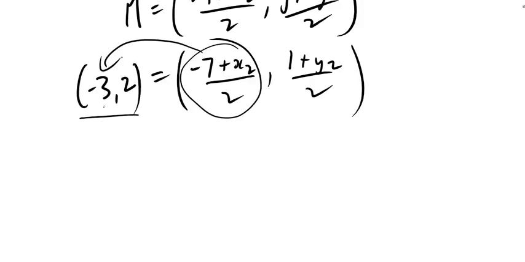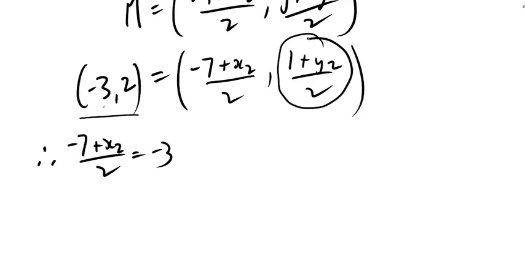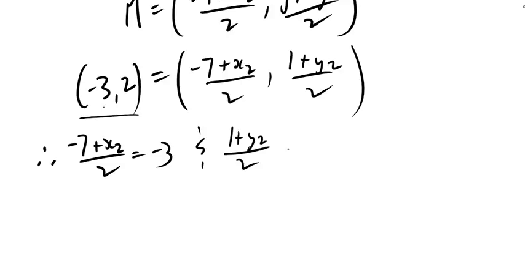Is that true? Okay, so therefore, -7 plus x2 over 2 equals -3. What else do I know? I know that this thing has to equal that. So 1 plus y2 over 2 has to equal 2.